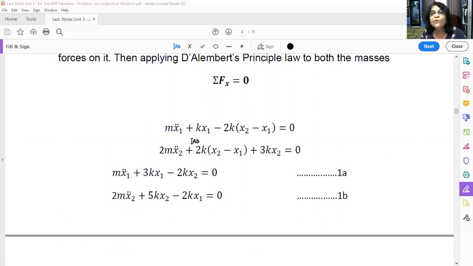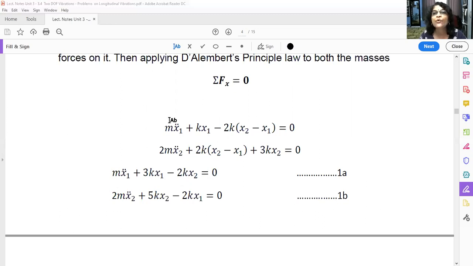What's the next step now? We have to collect the coefficient of x1 together and x2 together. Understood? So what are the coefficients of x1 here? k, that is plus k plus 2k, it will become 3k. So it is written here m x1 double dot plus 3k x1. Coefficient of x2 is minus 2k x2.